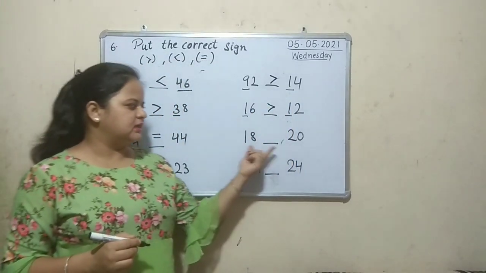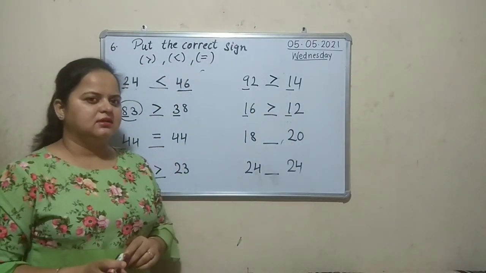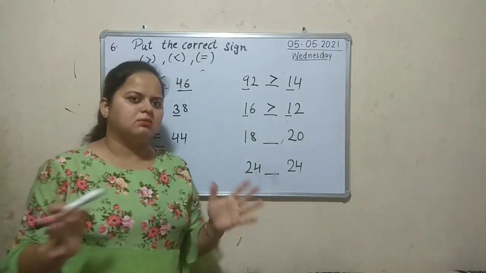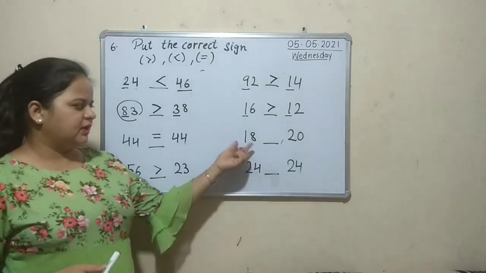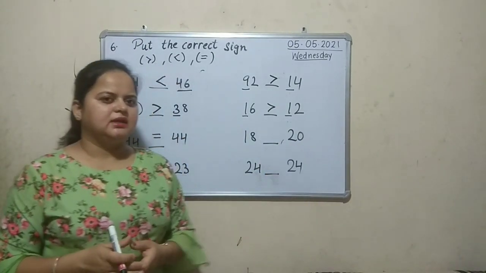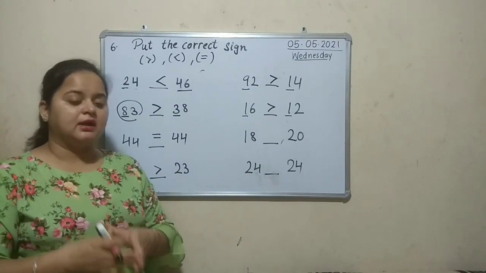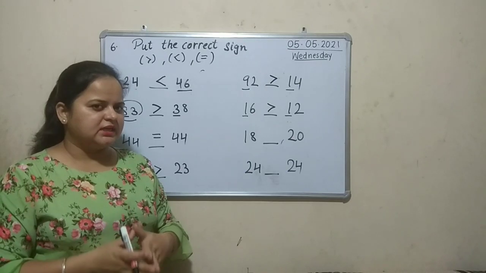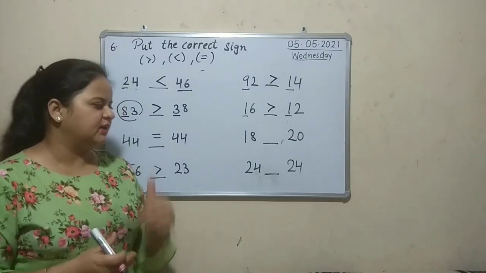Now here 18 and 20. Which is greater number? Which number is showing more objects? If we have 18 candies and someone has 20. So which number is showing the more candies? 18 or 20? 20. Good.